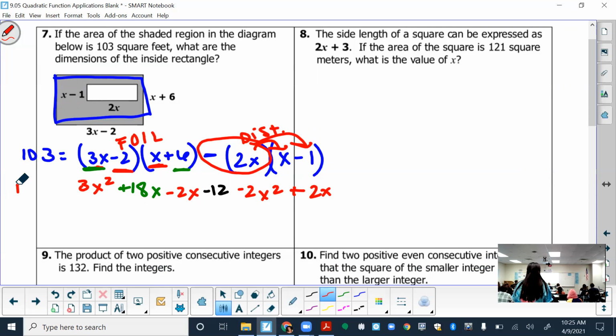All right, I know it's like longer, but that's how you set it up. All right, from here you would combine like terms, and then you get that nice quadratic function that you're used to seeing. So I helped you set it up, keep solving from there. Let me see if there's any other ones that I should help you set up.